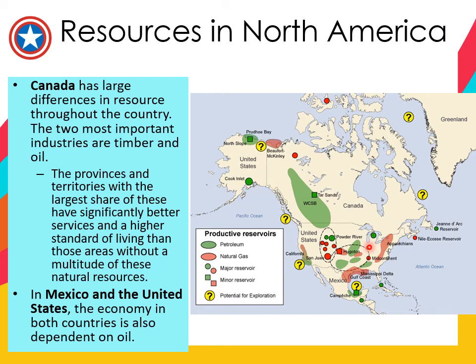In Mexico and the United States, the economy in both countries is dependent upon oil, natural gas, and other natural resources, and these are all non-renewable natural resources. Only 9% of the resources we use in the United States are renewable. Part of the problem is limited transmission capacity, such as for wind farms, hydro, and thermal.